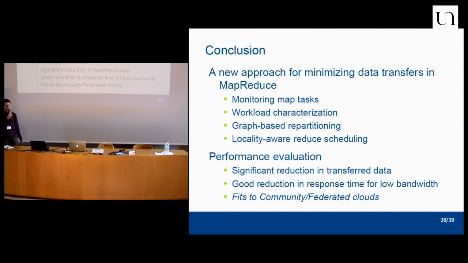We have performed some evaluation and saw a significant reduction in transferred data and the impact that it has on response time. We think that this fits very well to community and federated clouds where there are some links that are shared by many users, and the bandwidth is a scarce resource.